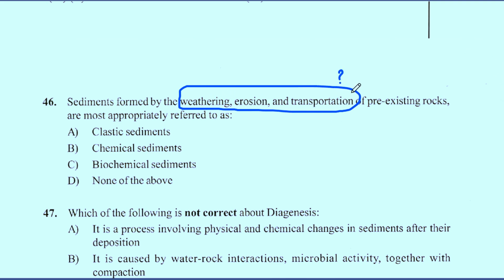Mention in the comment box if you know that process. Due to weathering, erosion, and transportation, we will get clastic rocks. Chemical rocks are formed by precipitation, and biochemical rocks are formed like coral reefs.